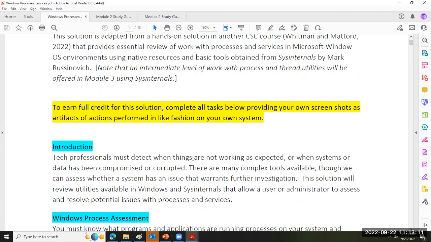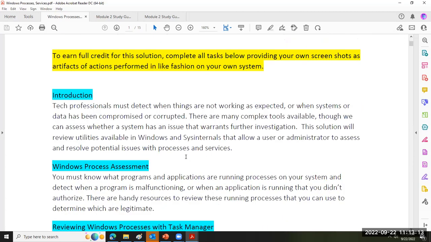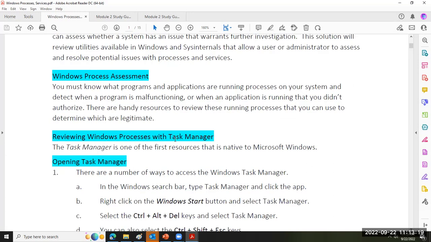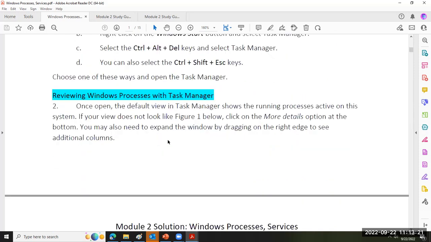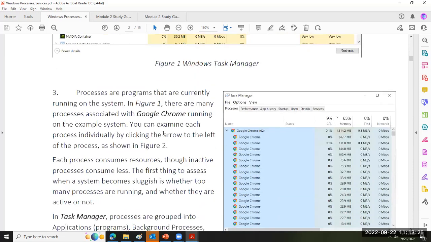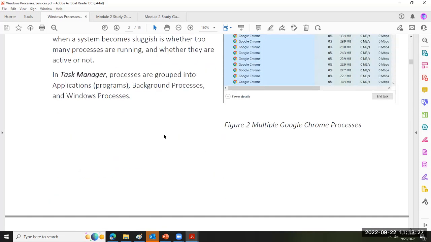And essentially, everything you're going to do in the Module 2 solution is to work with native resources.